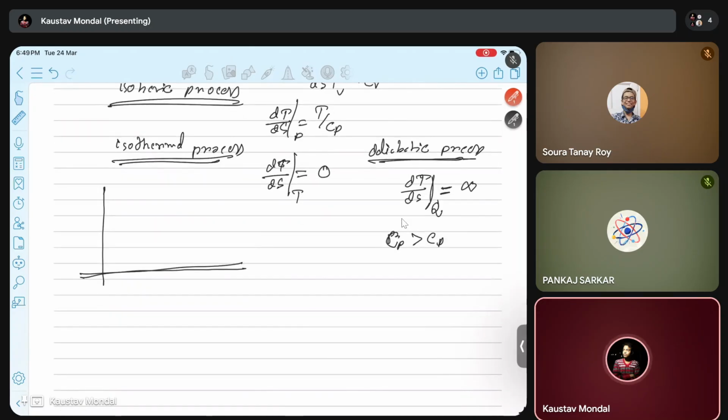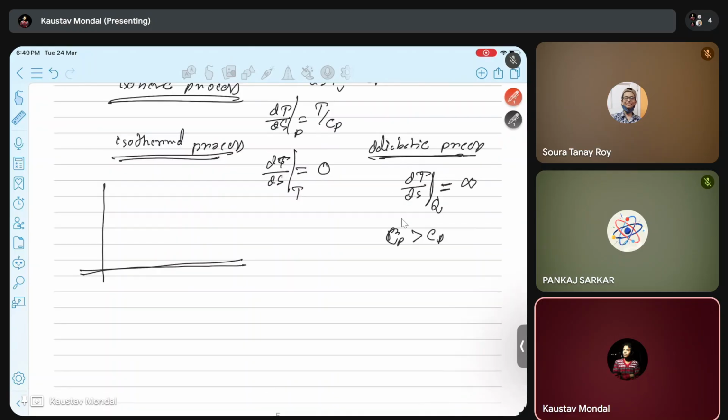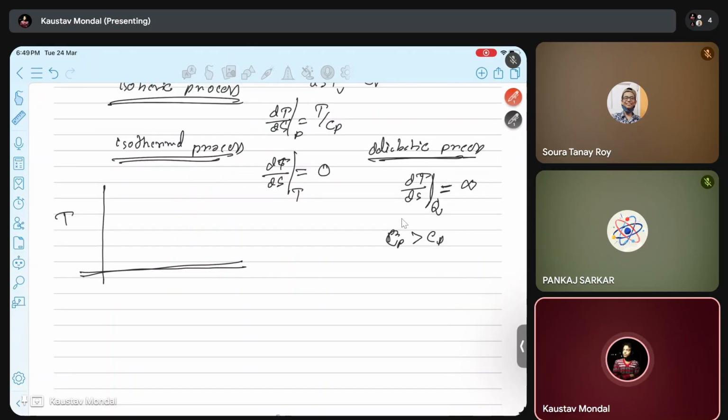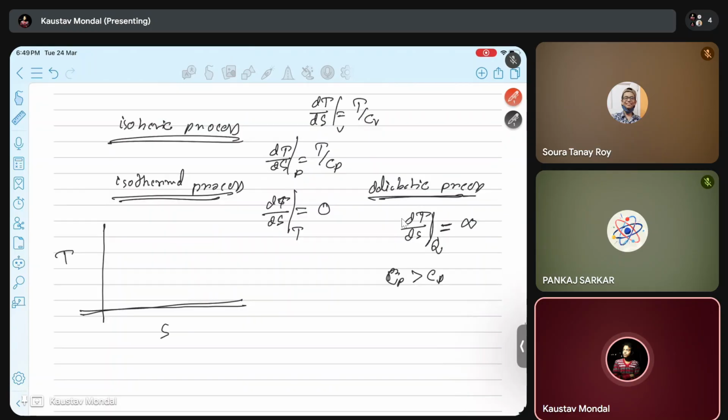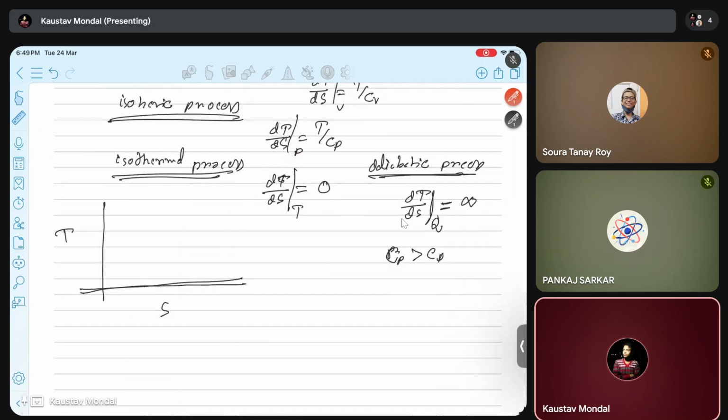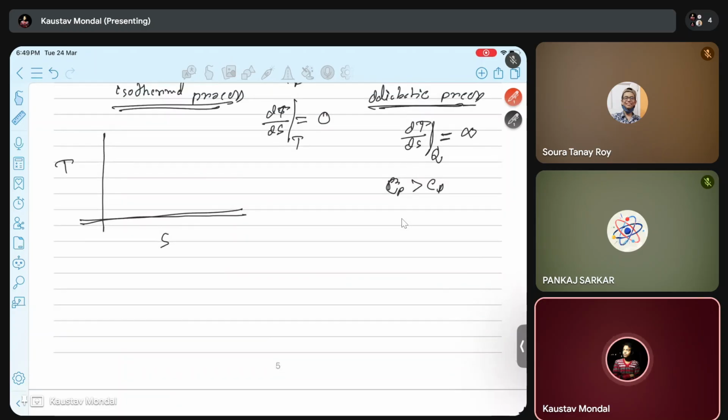If you draw it in a TS diagram, all these curves, the adiabatic has an infinite slope, so it will be a straight line along the T-axis. For the isochoric, it looks like this, and the isobaric, it looks like this.